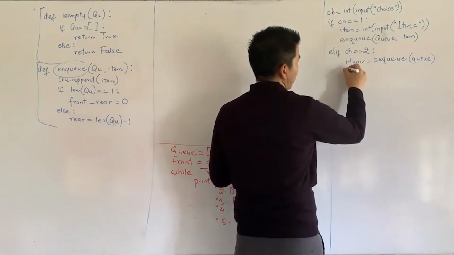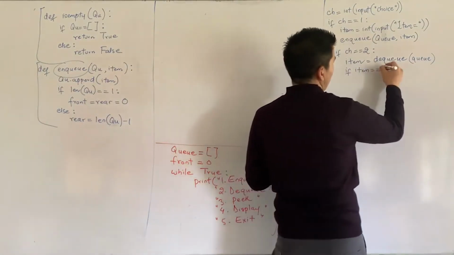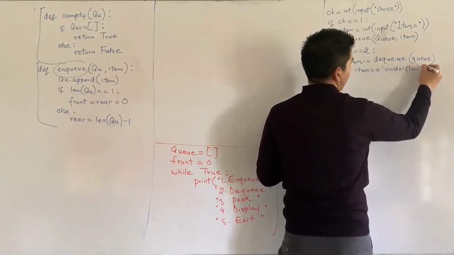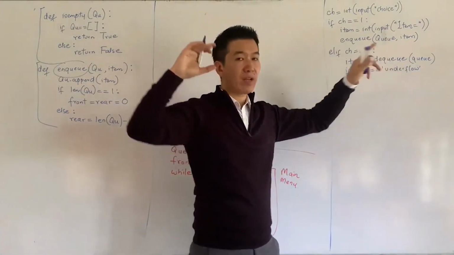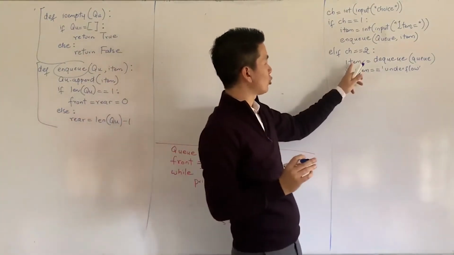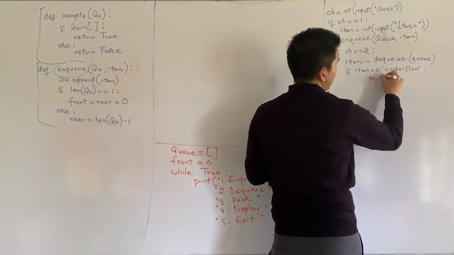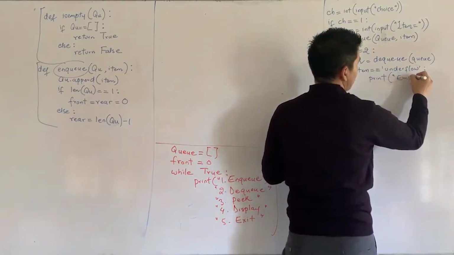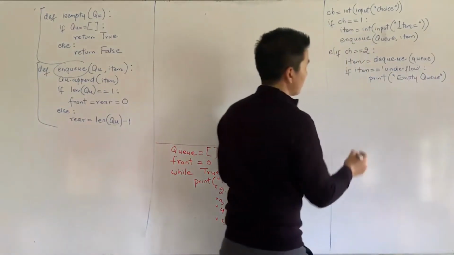And then if the item is equal to underflow, if from the function definition the underflow statement is returned onto the item, which means I'll have to print a message saying it's an empty queue.